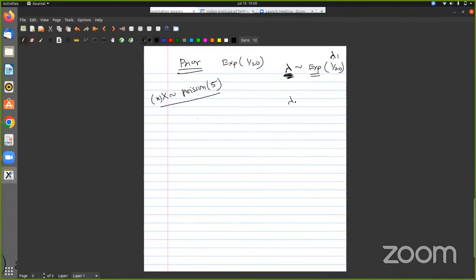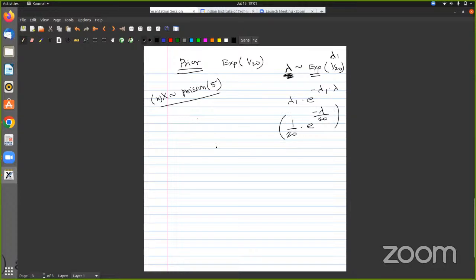So how will I write it? Lambda 1 e to the power minus lambda 1 into lambda, right? And this lambda 1 is what? 1 by 20 e to the power minus lambda by 20, correct?